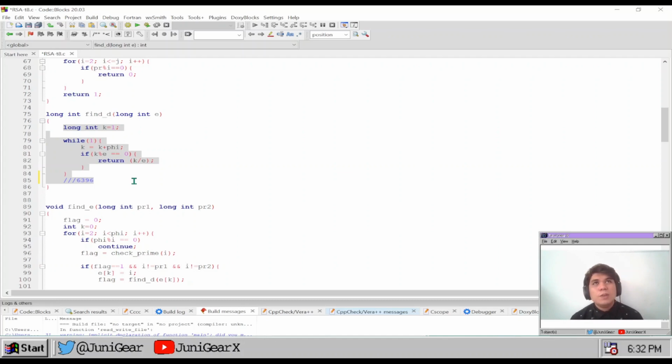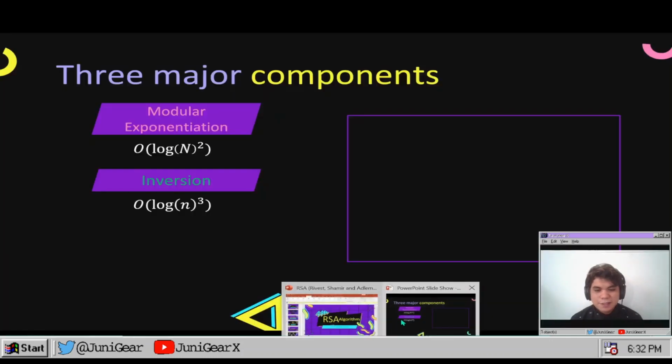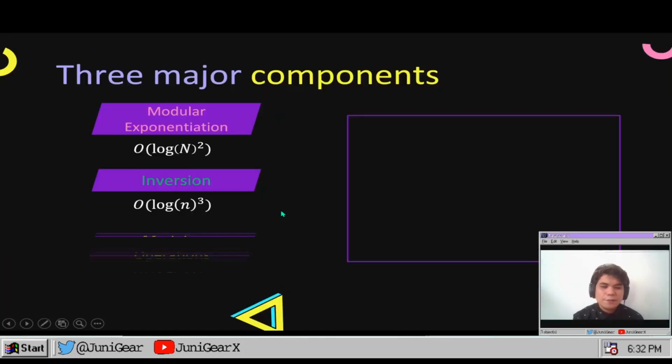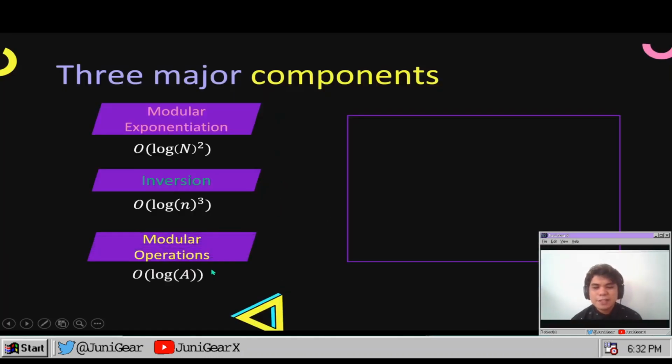If you want to implement RSA using very large primes, you need a mod inverse function and an extended Euclidean algorithm to get the D, which is far more taxing to your CPU than this simple code. So this is the inverse. Next is modular operations.